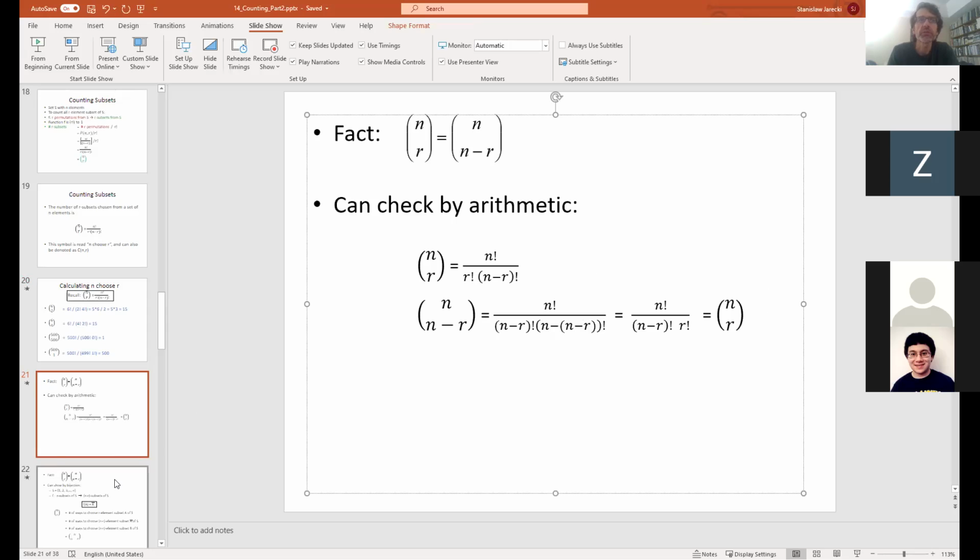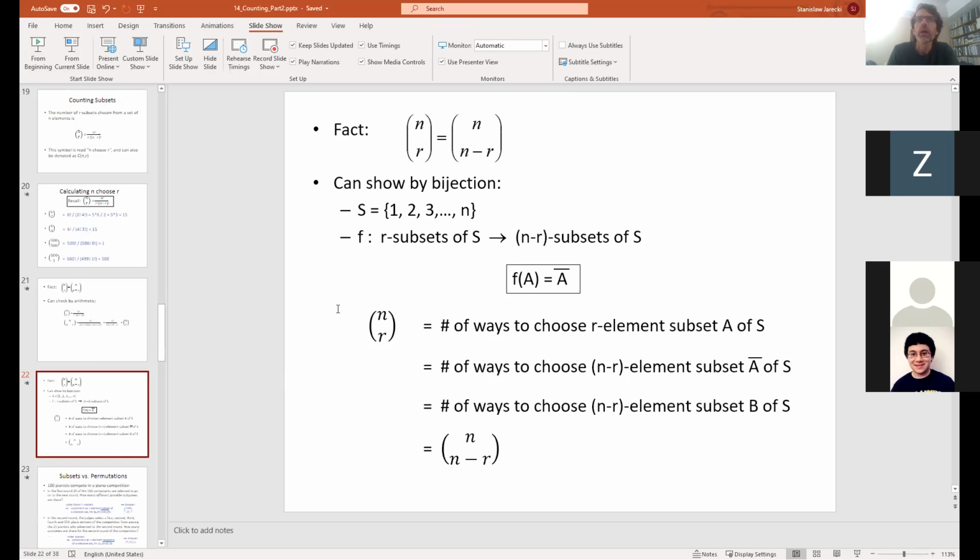But here is a more interesting way to test this, because it corresponds to a very simple combinatorial phenomenon. We can show it by a bijection. Take a set from which you're choosing. Let's say you're choosing subsets of size R. You can think of any such choice of an R subset as a choice of n minus R in the complement.